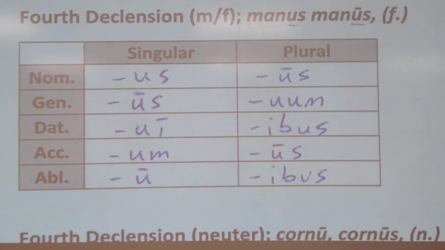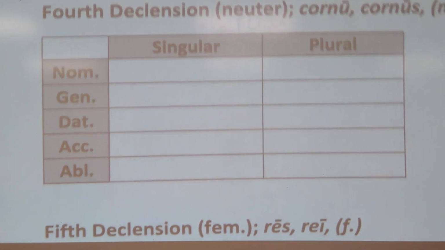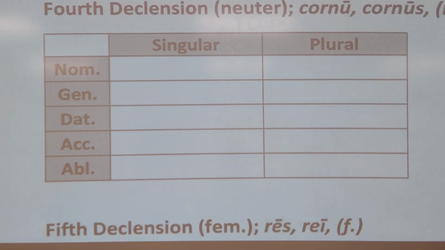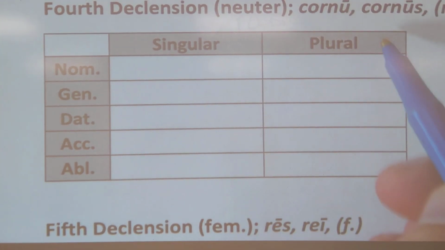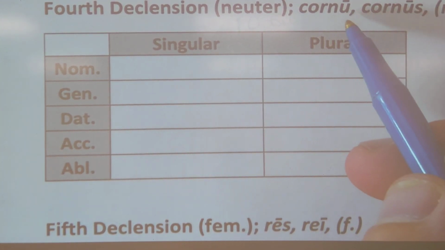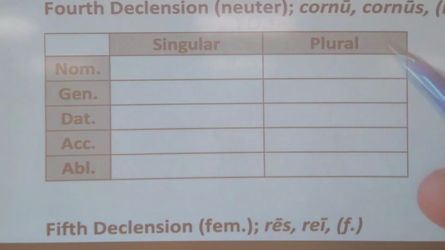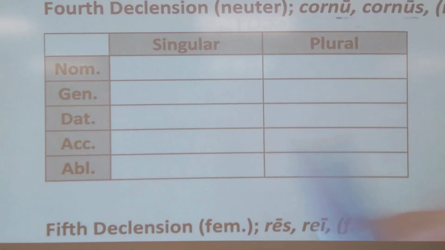Let's move to fourth declension neuter. So this one is almost a blank word square, I have to admit, because most of the endings it really feels like almost all of them are the same letter, which can get a little confusing. But again, you know the first two.